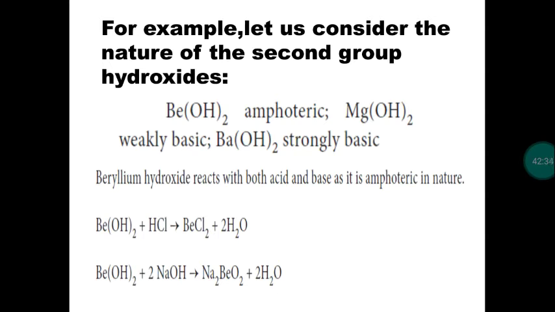Radium is a radioactive element, we omit it. So top to bottom, generally basic nature increases. Beryllium forms beryllium hydroxide, magnesium forms magnesium hydroxide, calcium forms calcium hydroxide. So top to bottom, basic nature increases in the hydroxides, right?